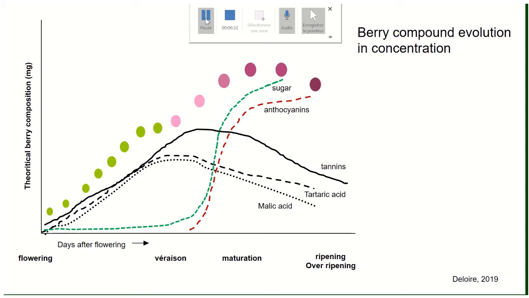I suppose I did convey a few important messages about the dynamic of berry growth and the evolution of the composition of berries, sharing with you the difference between per berry, milligram per berry or gram per berry, which is irrespective of the evolution of the volume, for the accumulation of compounds, and in concentration, where now the volume of the fruit will matter.